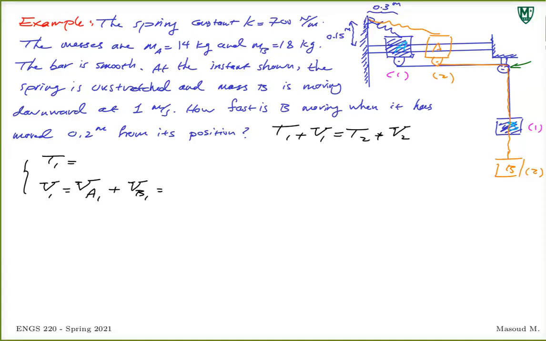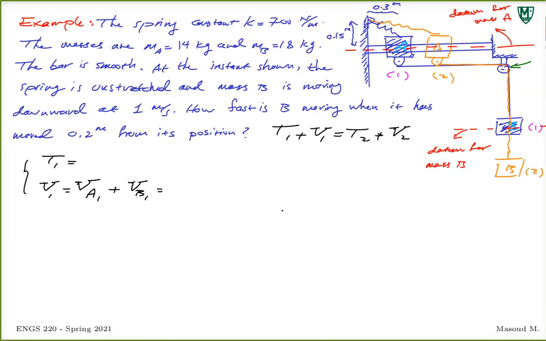You can just say, this is the datum for mass A, and this is the datum for mass B.